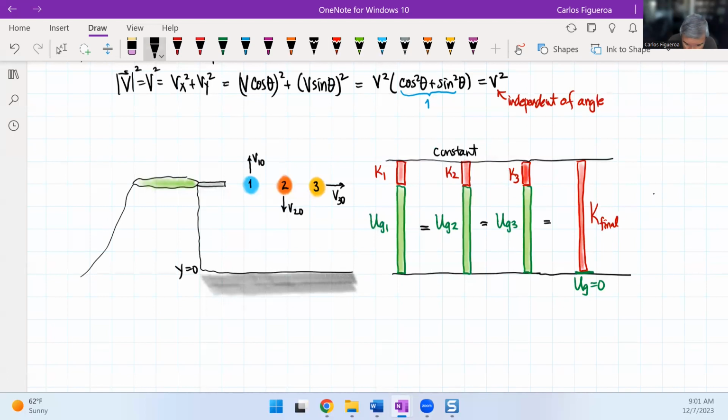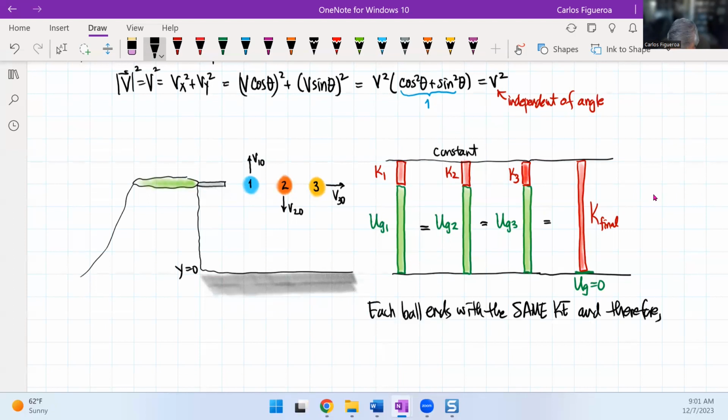In other words, each ball ends with the same kinetic energy, and therefore their speeds are the same.